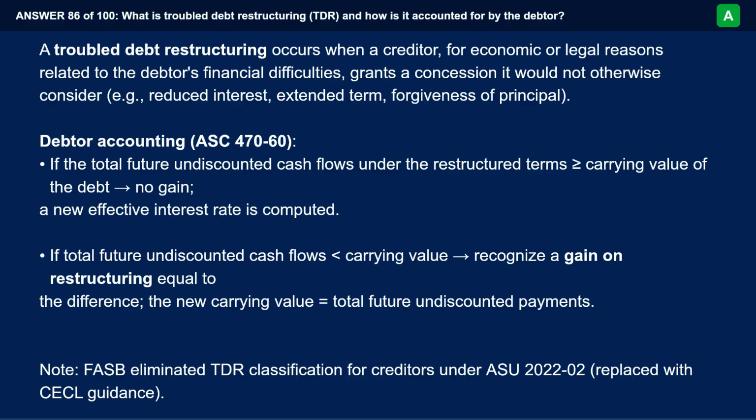If the total future undiscounted cash flows under the restructured terms are greater than or equal to the carrying value of the debt, no gain, a new effective interest rate is computed. If total future undiscounted cash flows are less than the carrying value, recognize a gain on restructuring equal to the difference. The new carrying value equals total future undiscounted payments. Note, FASB eliminated TDR classification for creditors under ASU 2022-02, replaced with CECL guidance.